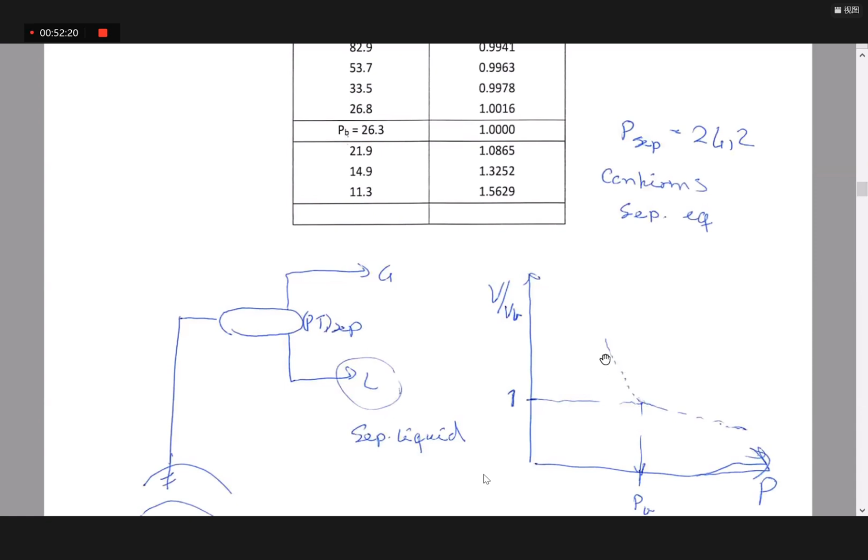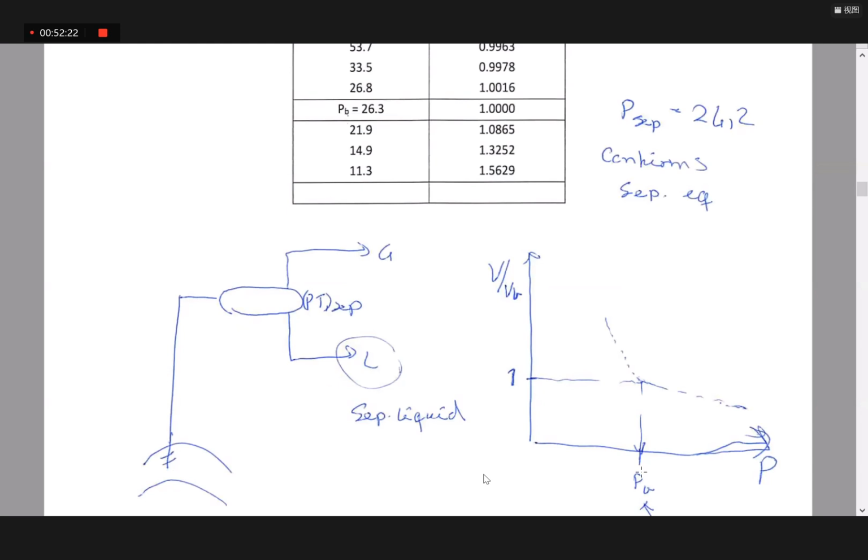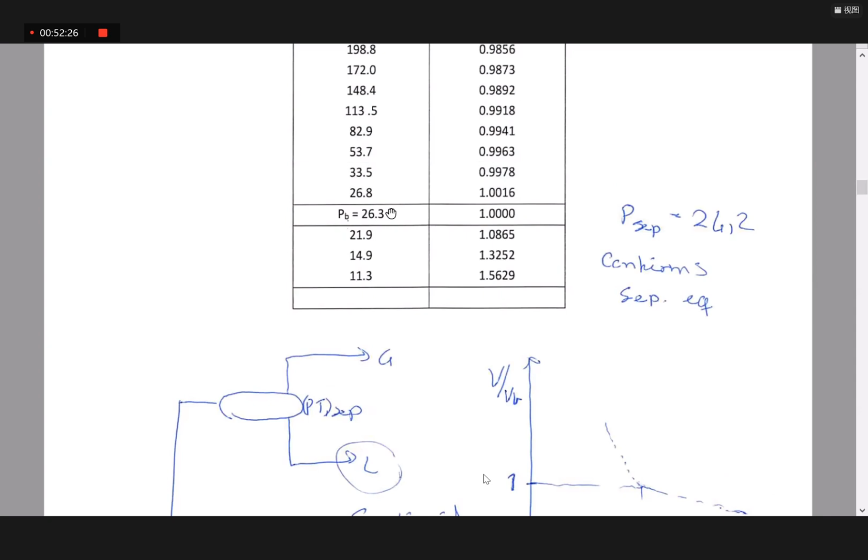That's used to detect or to verify the bubble point. The bubble point of the separated liquid is measured to 26.3 bar, and the separator pressure was 26.2 bars. That confirms that it's most likely an equilibrated fluid taken at the test separator. It doesn't contain too much gas and doesn't contain too little gas.